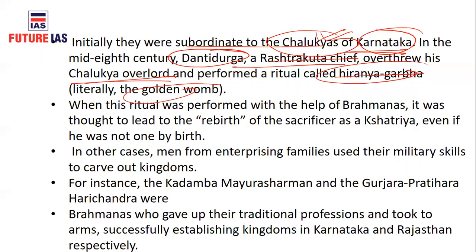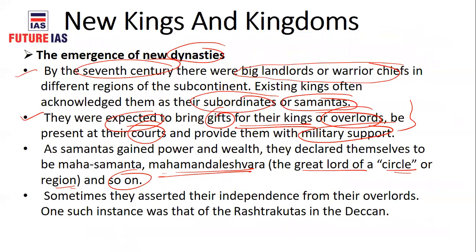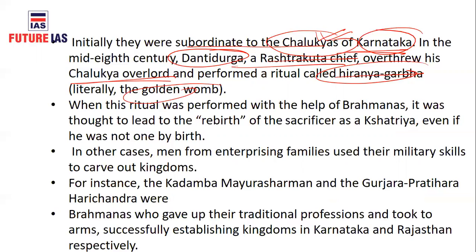So an independent kingdom can be set up by different means. First, we have seen that there are certain landlords and overlords who were acknowledged by people, but over a period of time these people overthrew their overlords and started establishing their own independent kingdoms.